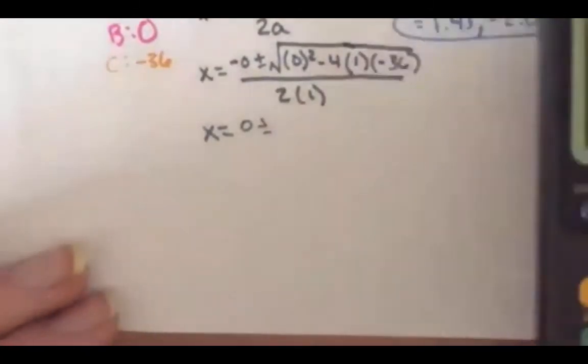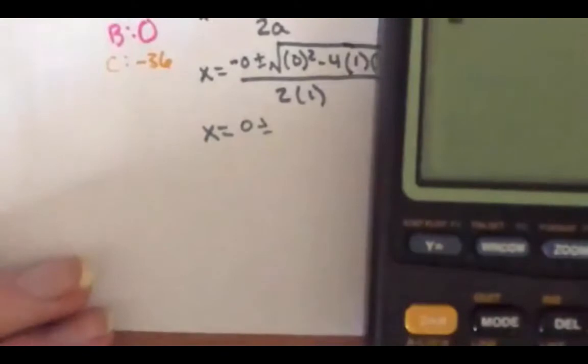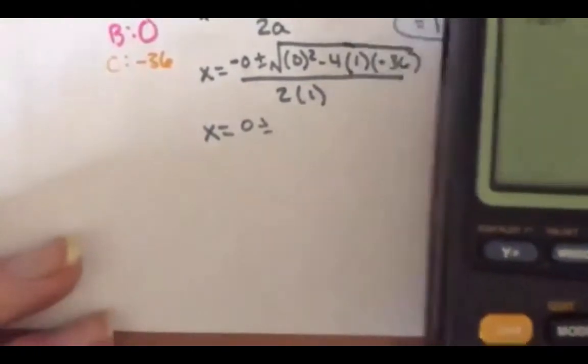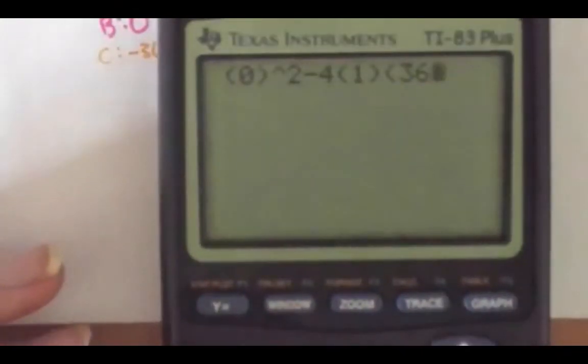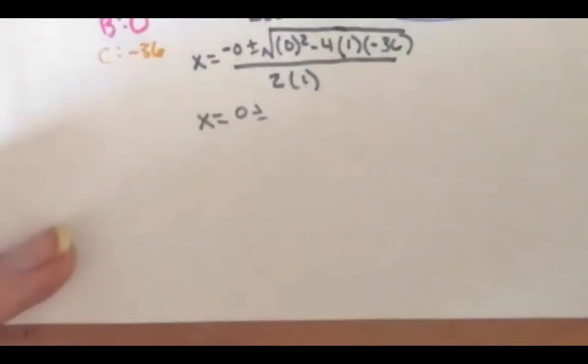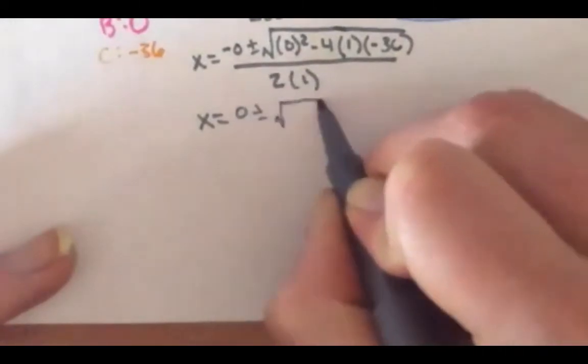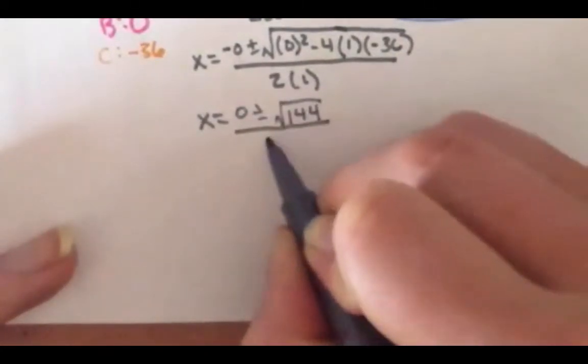Plus and minus, let's type this middle part here in my calculator. 0 squared minus 4 times 1 times negative 36. Oops, I forgot my negative 36. 0 squared minus 4 times a times negative 36. Gives me positive 144. All over 2.